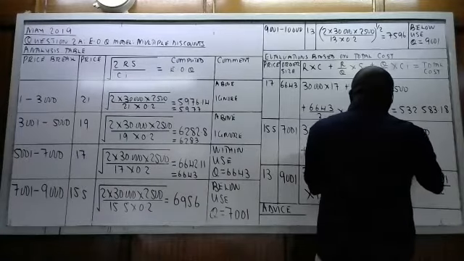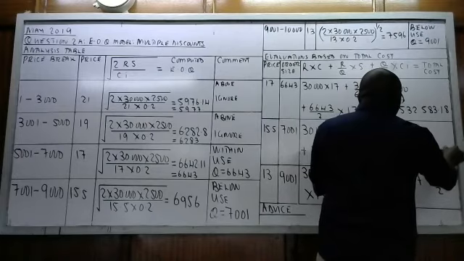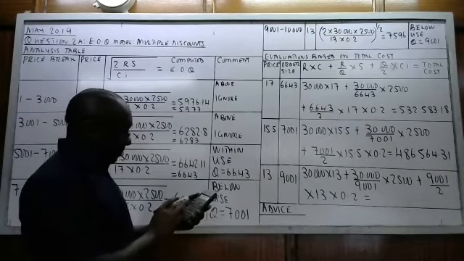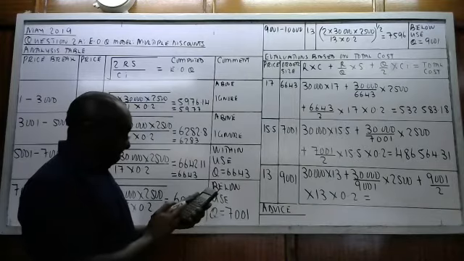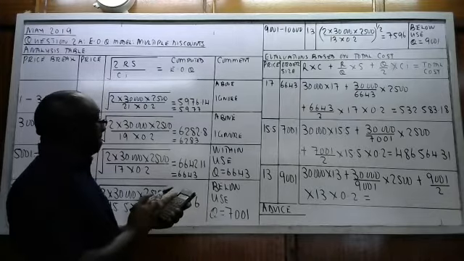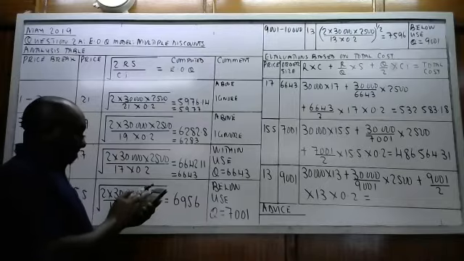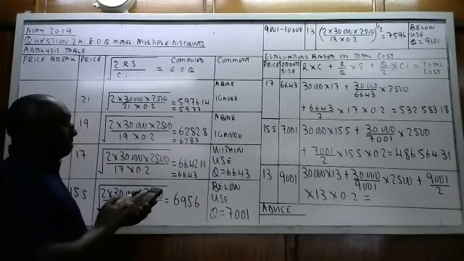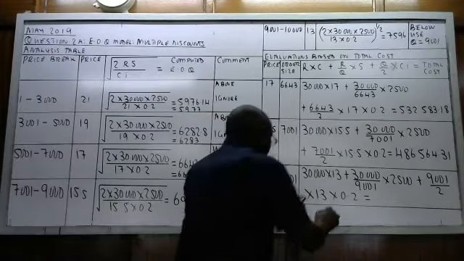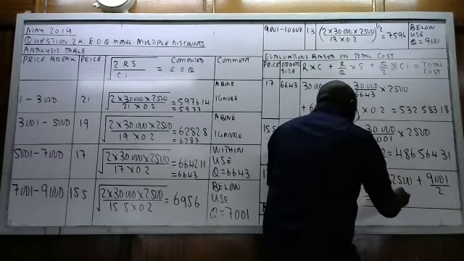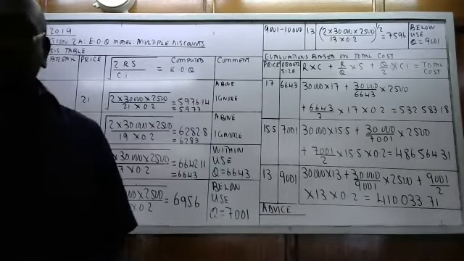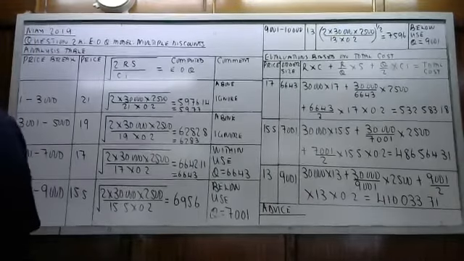Four is the 6,564.31. Getting 410.71. Monica, if we are in agreement, you write agreed. If we have not agreed, you tell me which one.